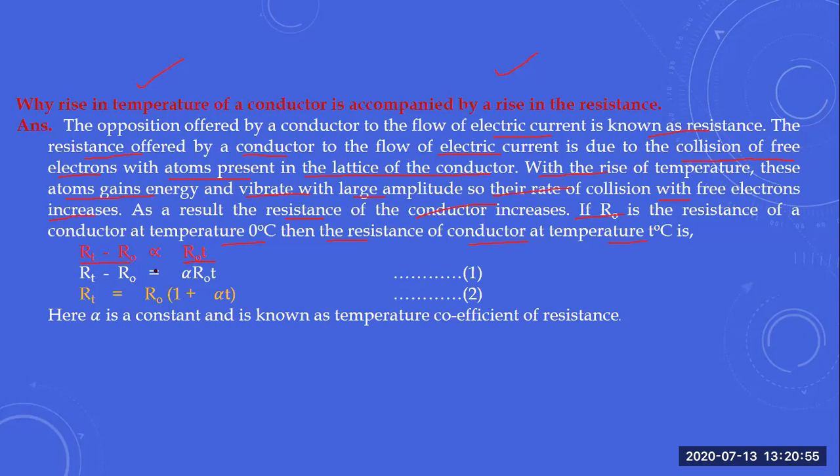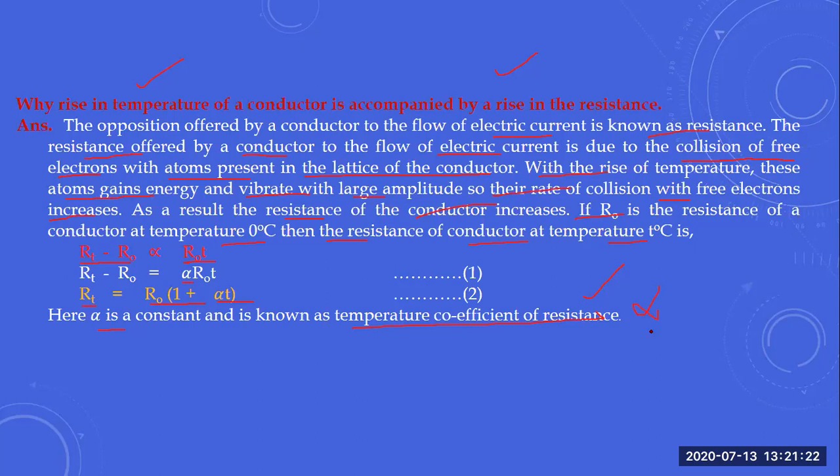If you replace the proportionality sign with a constant alpha, then the resistance at a certain temperature T, after increasing the temperature, will be equal to R naught times (1 plus alpha T). So alpha is a constant known as the temperature coefficient of resistance. It is written with alpha.